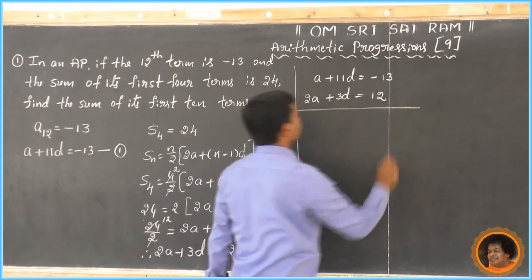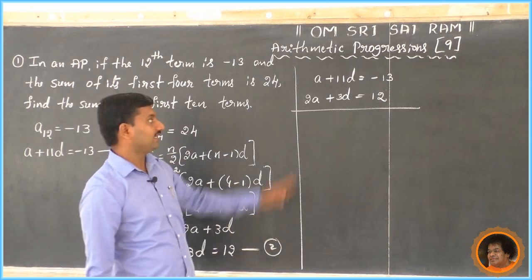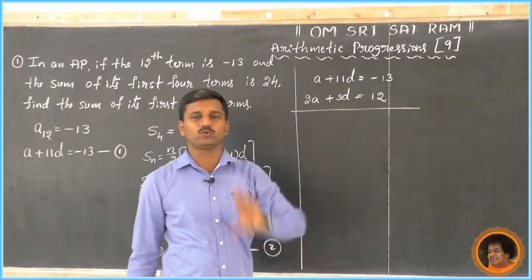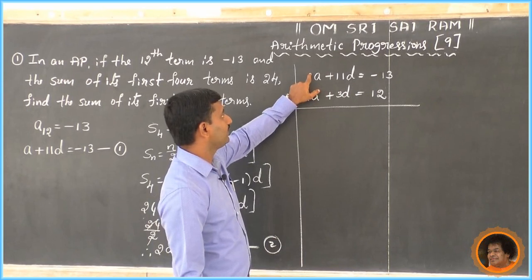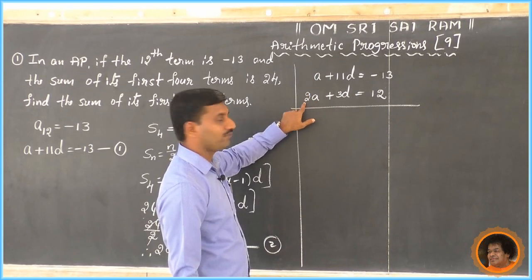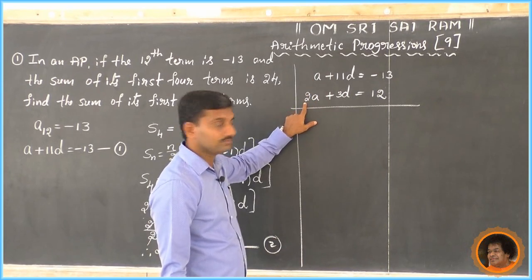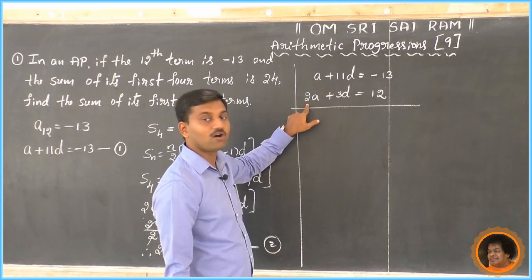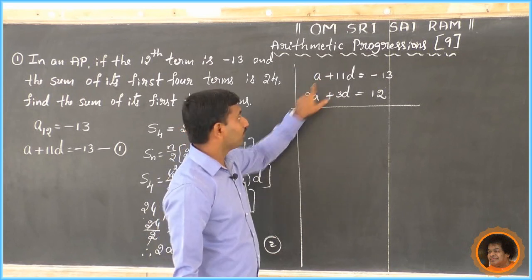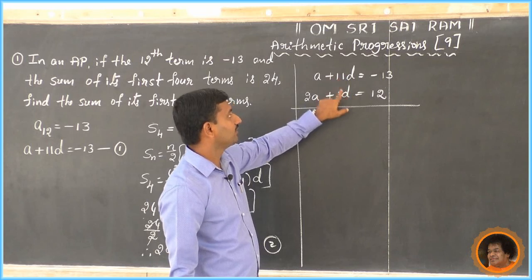Eliminate any one of the variables, either a or d. Just look at the coefficient of a. Here the coefficient of a is 1, here the coefficient of a is 2. Coefficients are not equal. So also the coefficient of d is 11 here, and 3 here.